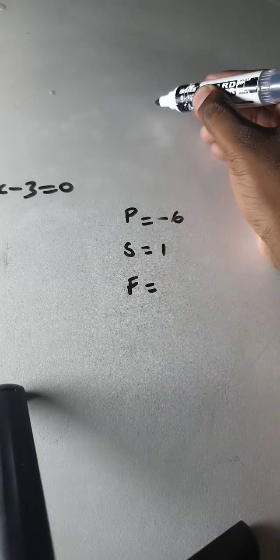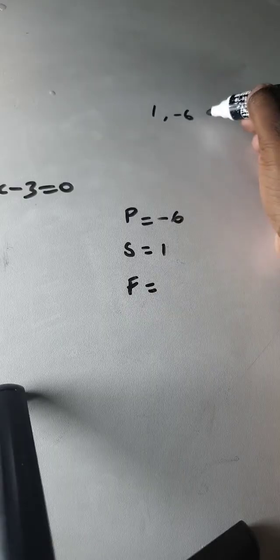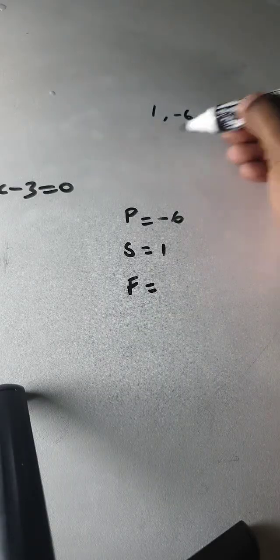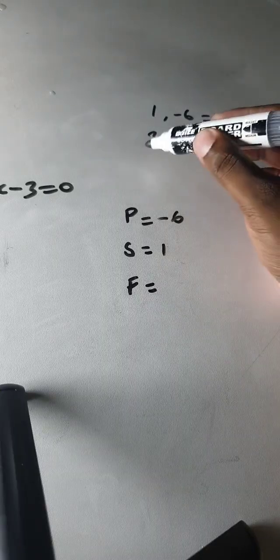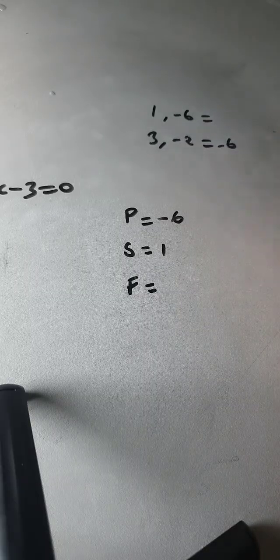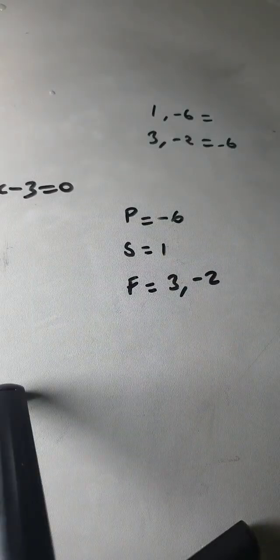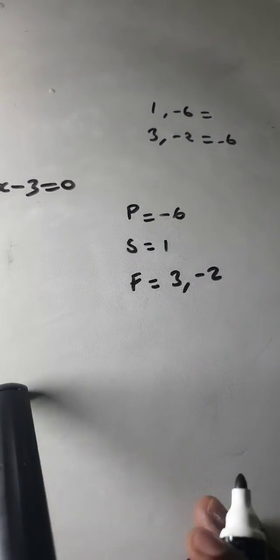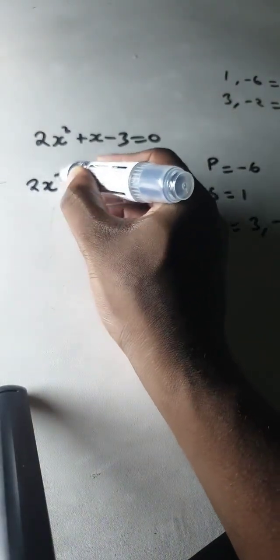Numbers that can give me negative 6 are 1 and negative 6, or 3 and negative 2. So 3 times negative 2 is negative 6, and 3 plus negative 2 is 1. So this qualifies as my factors. Then I come back to 2x squared.